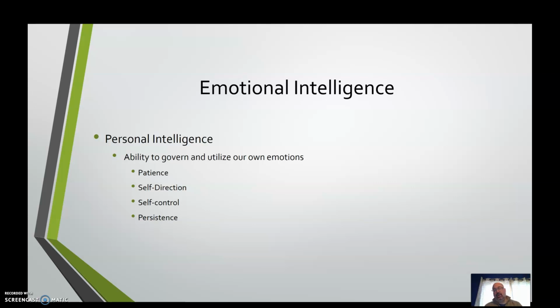So in that anger scenario that I spoke about earlier, a student with a high level of personal emotional intelligence would be able to control that anger in that situation. And it can also manifest itself in a certain level of academic persistence, understanding the need to continue on in a course of action so that a student can see success.